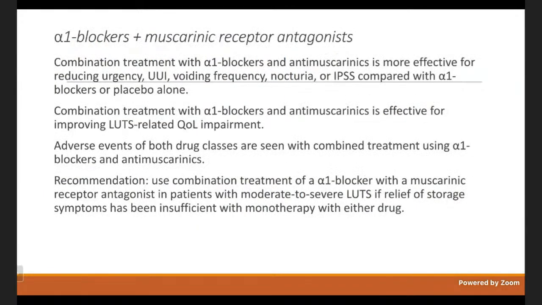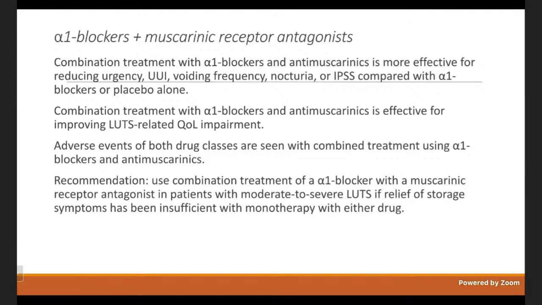As I told you, antimuscarinic agents can also be combined with an alpha blocker, especially when the patient is having frequency, urgency, and nocturia. That is, when the patient is having storage symptoms, then alpha blockers can be combined with antimuscarinic agents. One important contraindication is that it should not be given in patients with increased residual volume.